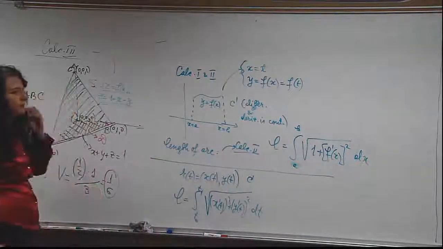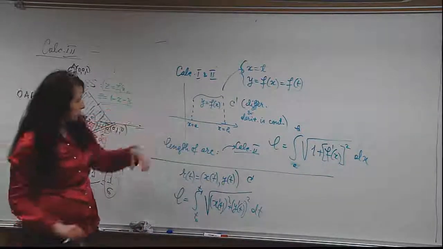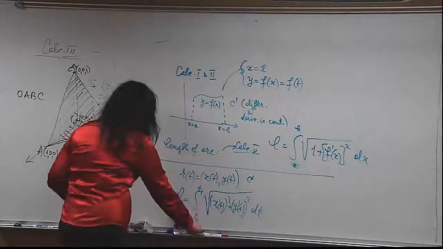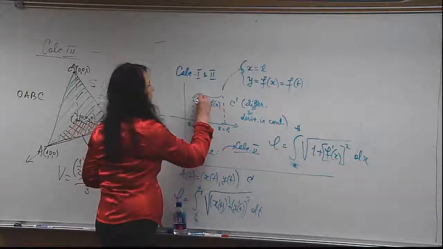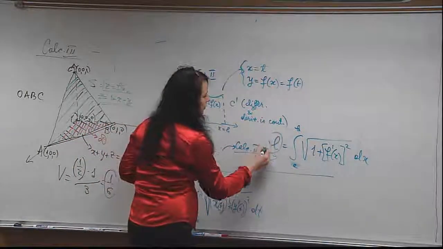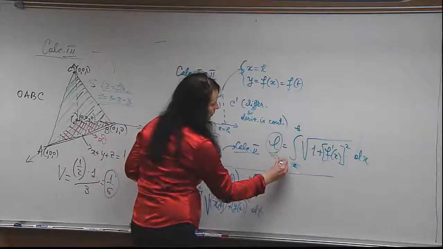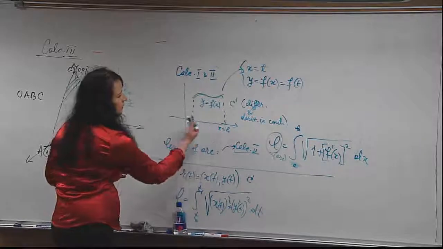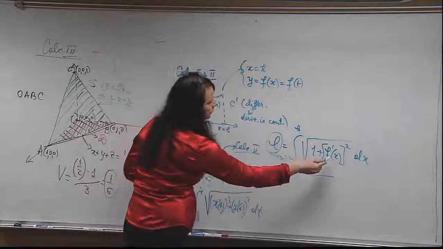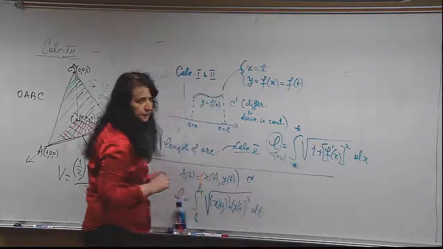So the length of this arc, let me draw the arc in green, it's beautiful. The length of this green arc is the integral from a to b of the square root of 1 plus f prime of x squared dx.